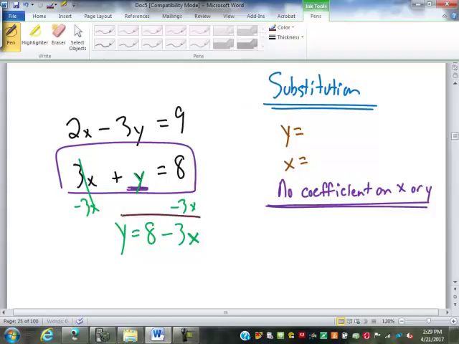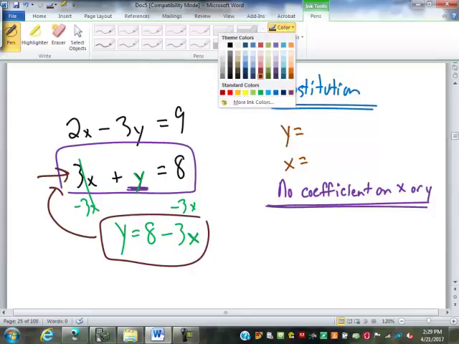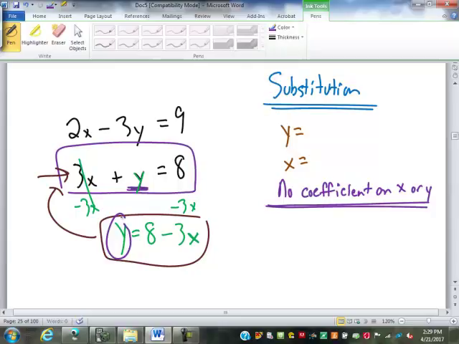So now this equation right here is being replaced with that one that I just solved. Now we know that the y value in this equation has to equal the y value in the first equation, at least at the point where the solution to this system exists.